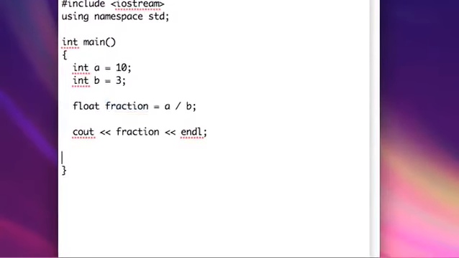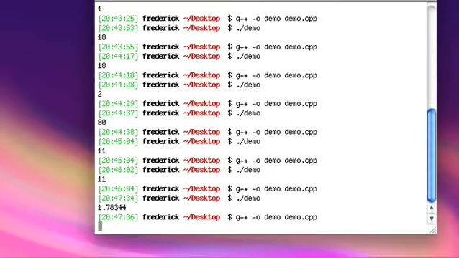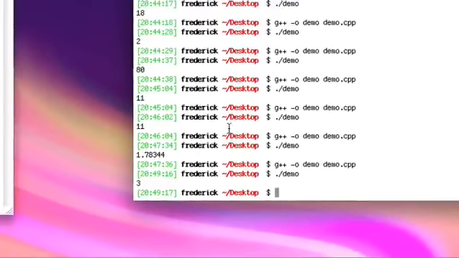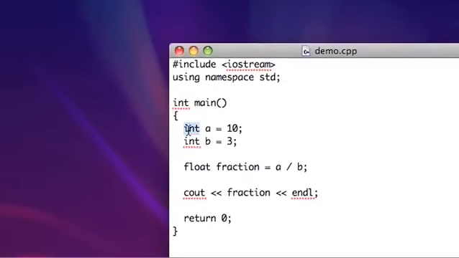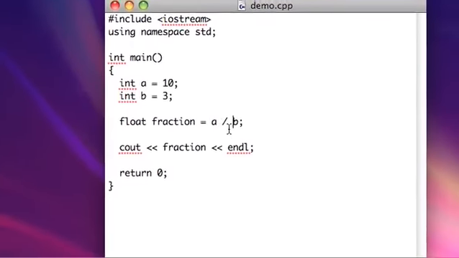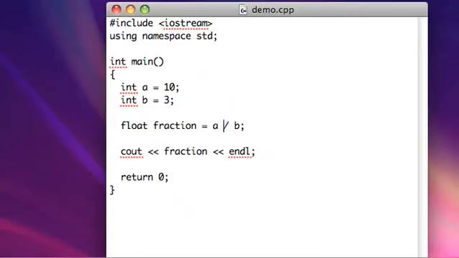So if we go ahead and do this, what we're going to expect is 3.333, but we're not going to get that. We're just going to get 3. And the reason for that is because these are integer types, when you use this binary division operator.